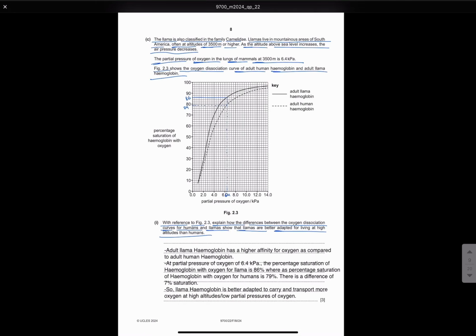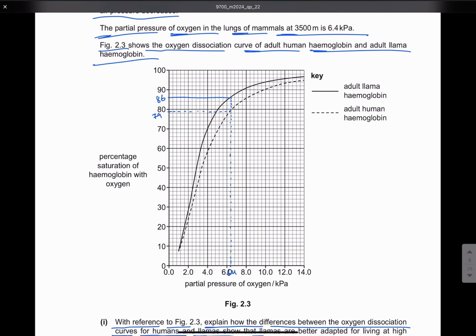Always remember this point, that when the curve shifts to left, there is increased affinity. L for left, L for love. So whenever the graph shifts to the left, the love of hemoglobin or the affinity of hemoglobin for oxygen increases. And when the graph shifts to the right, that means that the affinity or love of hemoglobin for oxygen decreases.